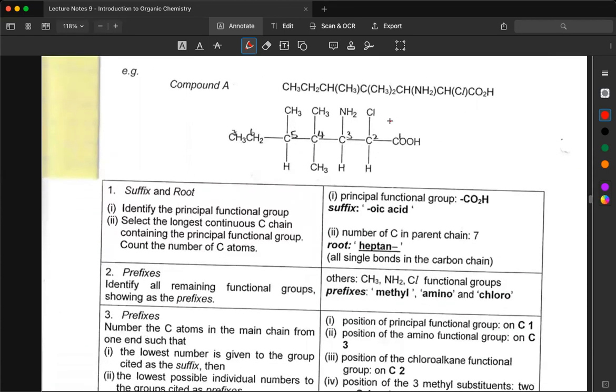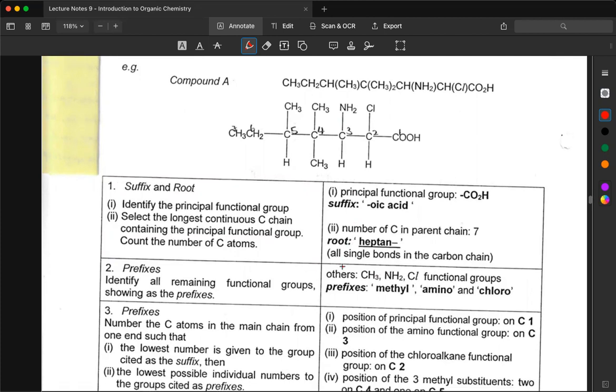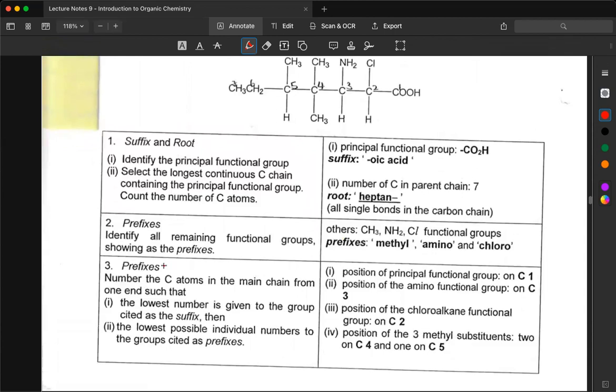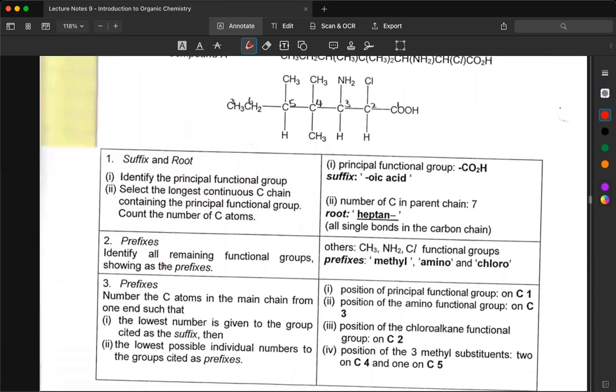The prefix, we still have a few. We have CH3, NH2, and Cl. So we name them as methyl, amino, and chloro. Next, number the C atoms in the main chain from one end such that the lowest number is given to the group cited as a suffix, then the lowest possible individual number to groups cited as prefix.